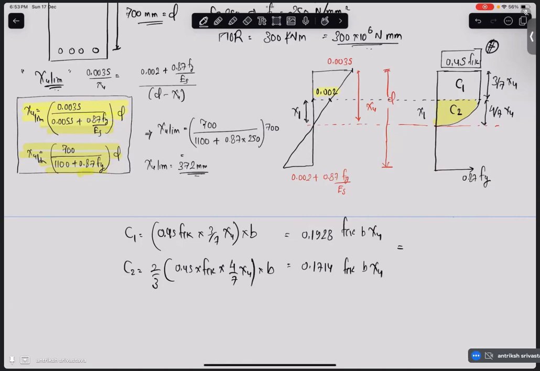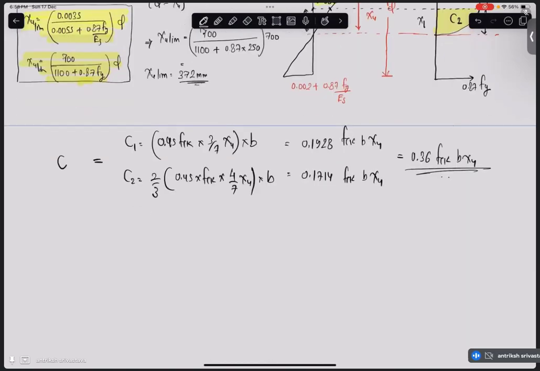When you add these, you get something around 0.364, which we write as 0.36 fck b xu. I hope you understand how we get this C.